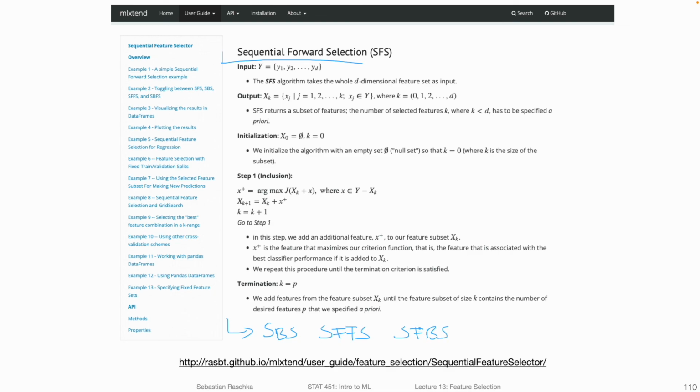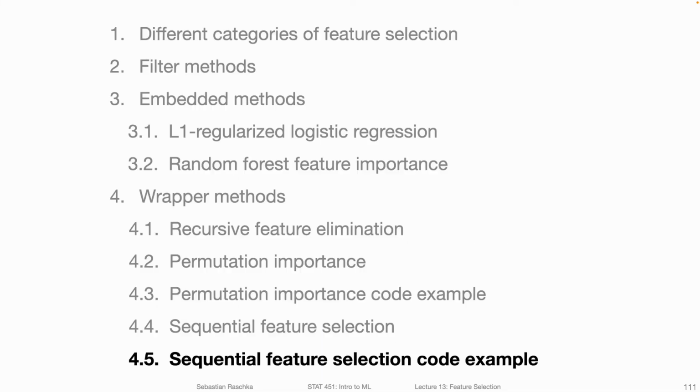If you are interested in the mathematical notation, please go to this website where I have the algorithms in more mathematical notation. And again, the next video will be on the code examples, and then we will have finally reached the end of the feature selection lecture. And in the next lecture, we will also talk more about feature extraction.